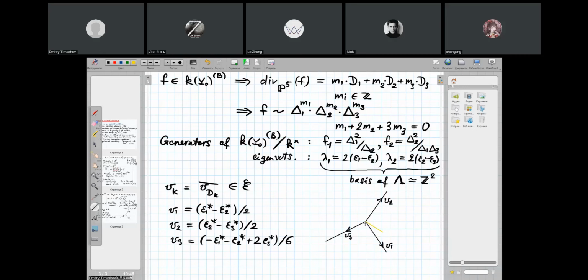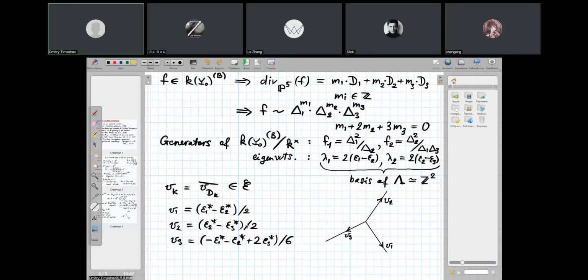Again, it is an exercise for you, the geometric picture.